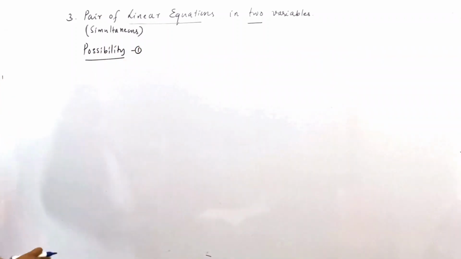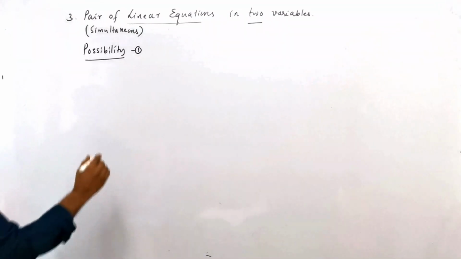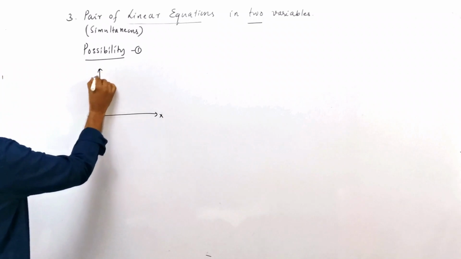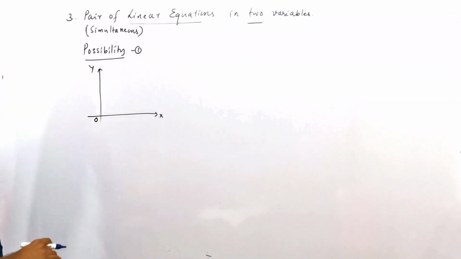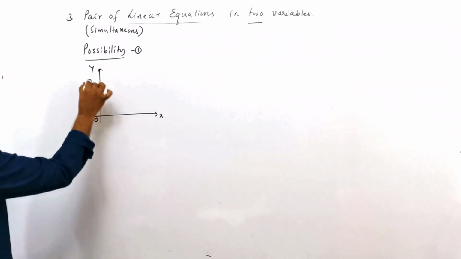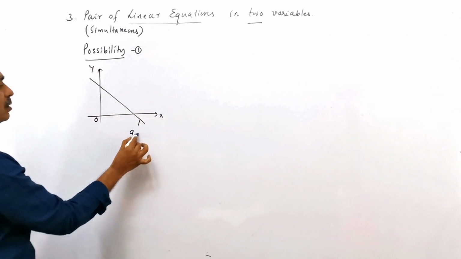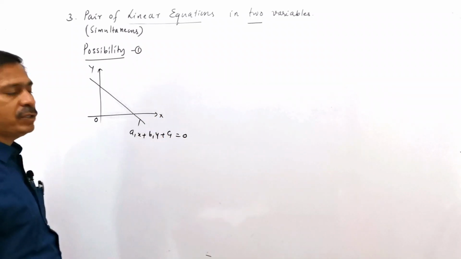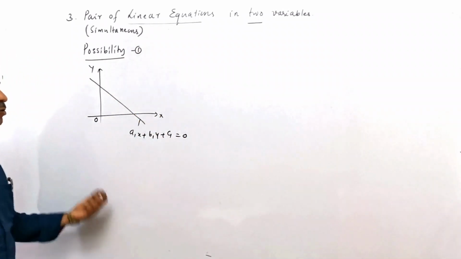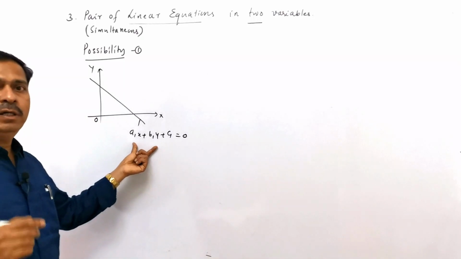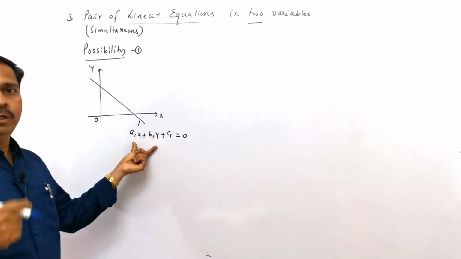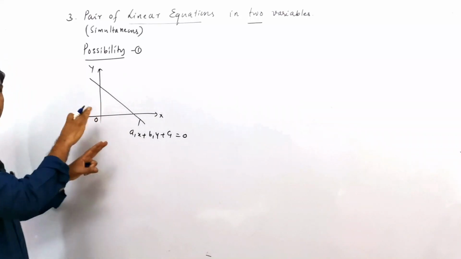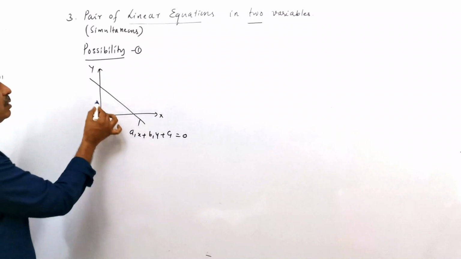See, this is your x-axis and this is the y-axis. If you plot the graph of these two equations, one is say a1x plus b1y plus c1 is equal to 0. You have studied already in 9th standard that a linear equation in two variables is always a straight line. You will get a straight line graph here.